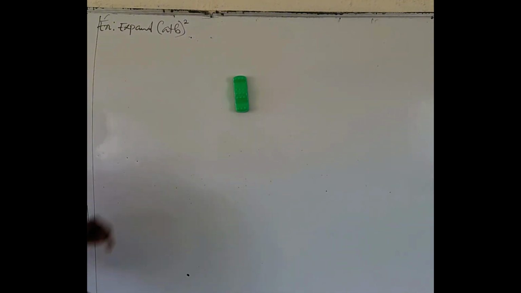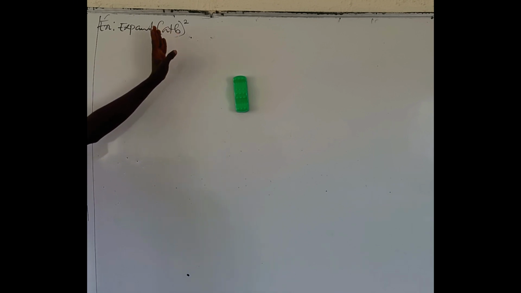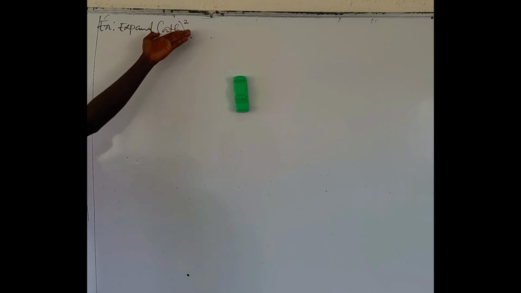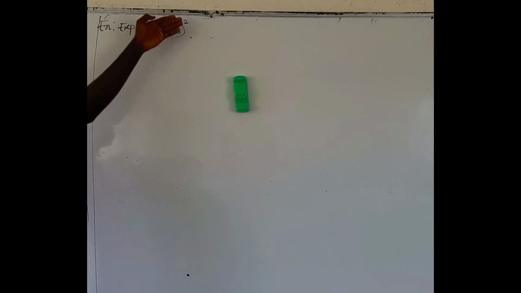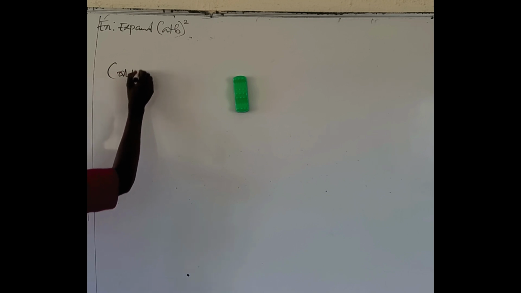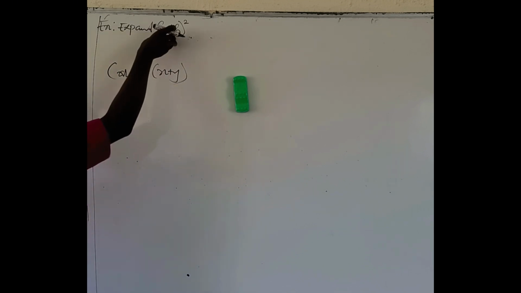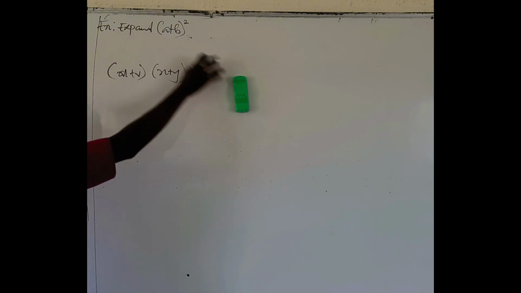Mind you, a plus b can be any index form, and can be any letter. It can be s plus y. It can be u plus v. It doesn't mean that it should be exactly a plus b.